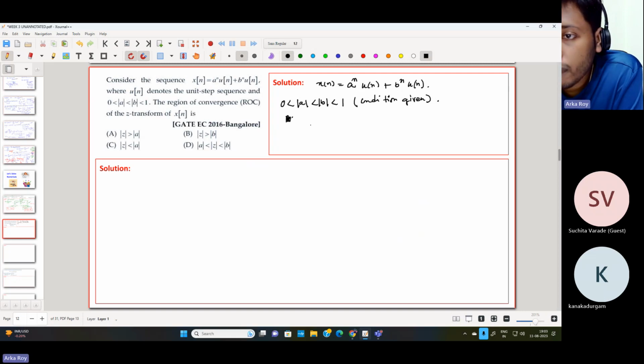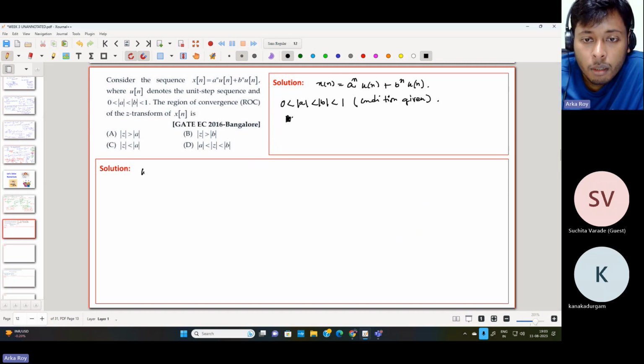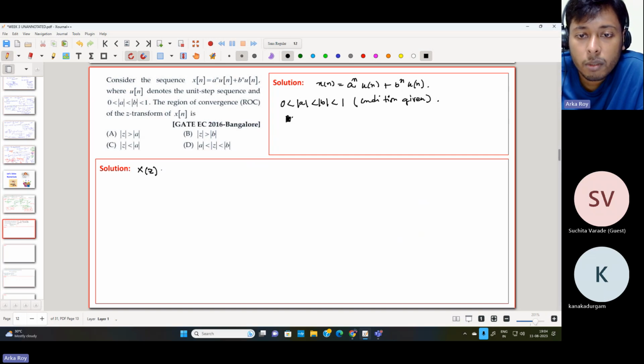So let me just write some properties. Let us first formulate the properties. You can use the properties, otherwise, if you don't remember the properties, we can start by solving the equation first. Let us consider x cap of n is a to the power n u of n.